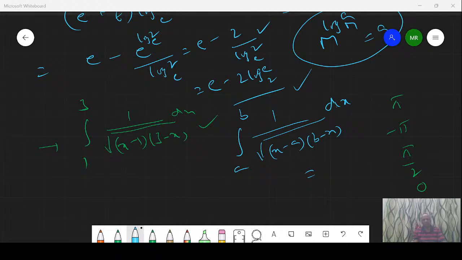Just remember this. Can anyone remember this value? What about this value? Can anyone tell that value in the chat box? Let me know that value, a single answer.